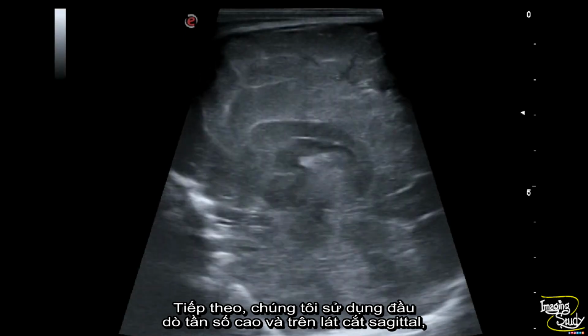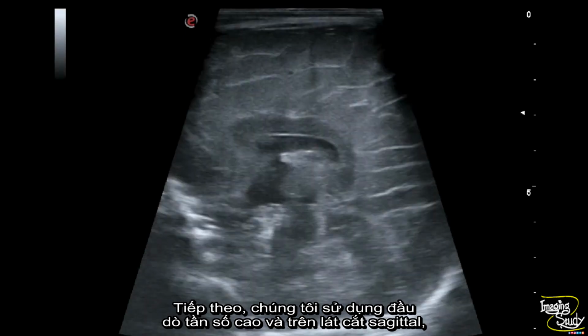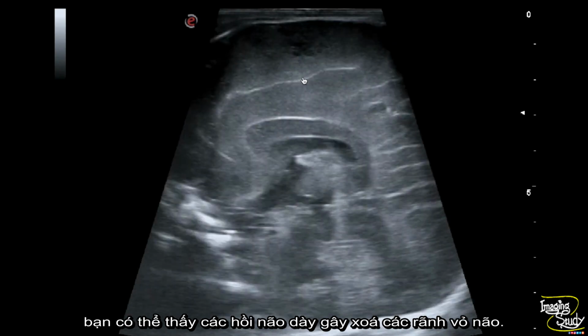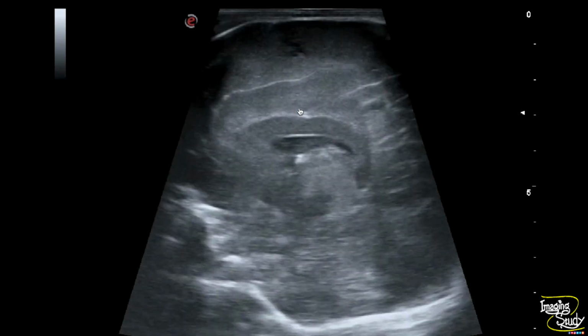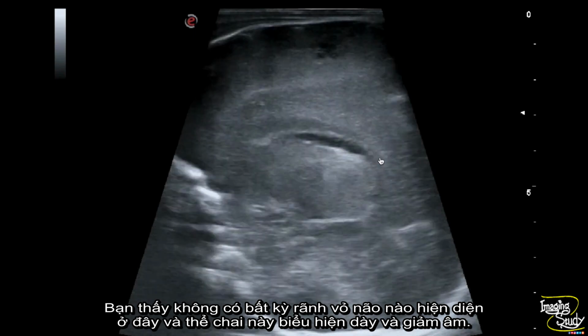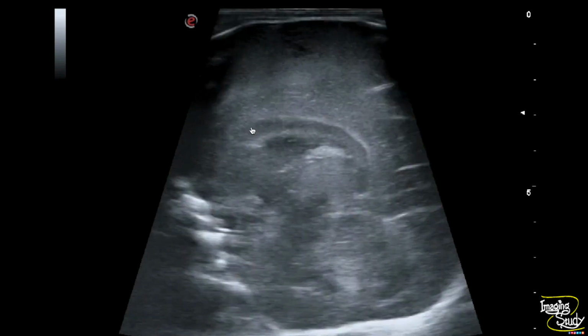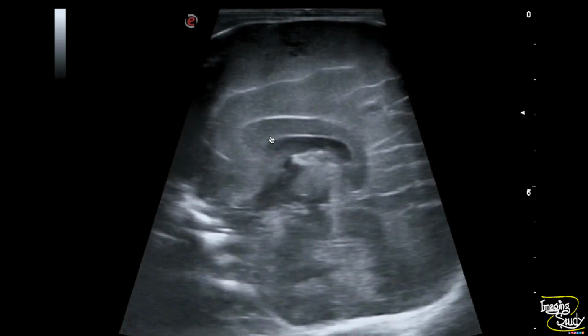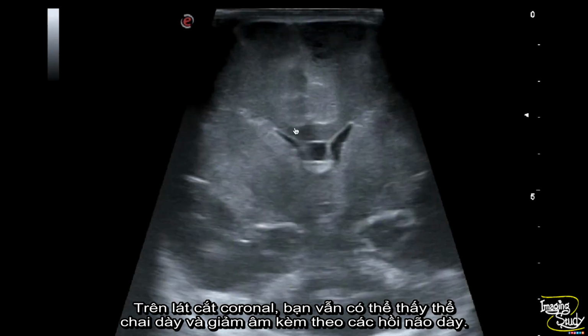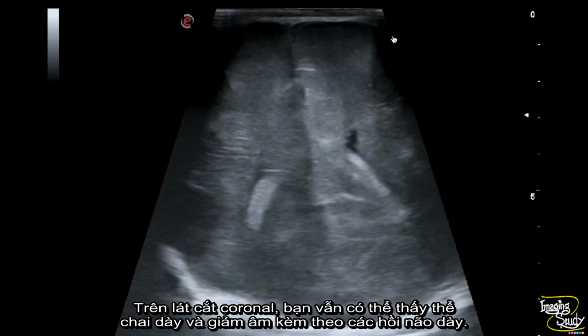So we have used the high frequency ultrasound, and on sagittal section you can see there are thickened cerebral gyri causing effacement of sulci. You see there is no sulci present here, and the corpus callosum looks thickened and hypoechoic. On coronal section you still can see this thickened hypoechoic corpus callosum along with thickened cerebral gyri.